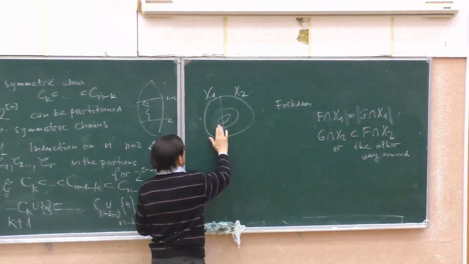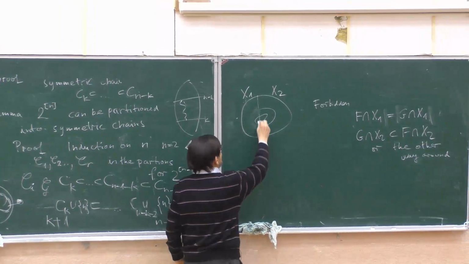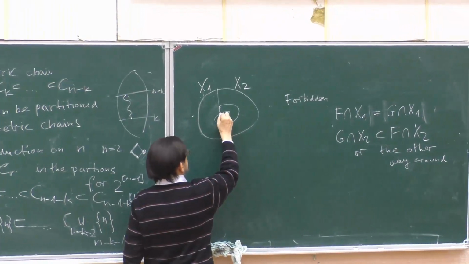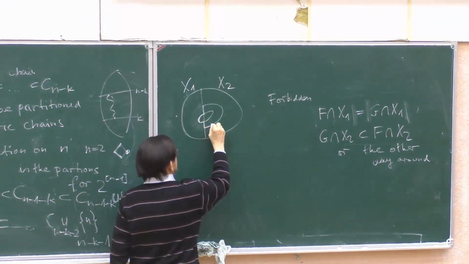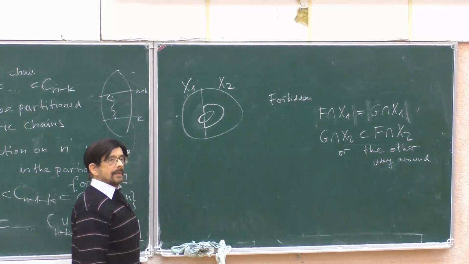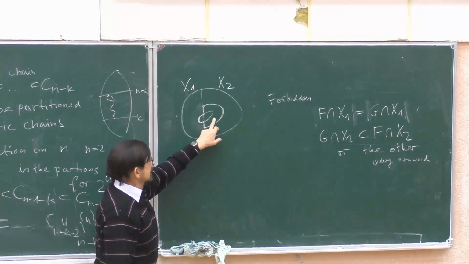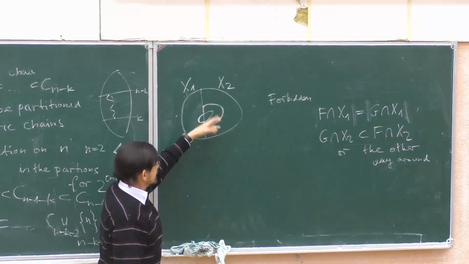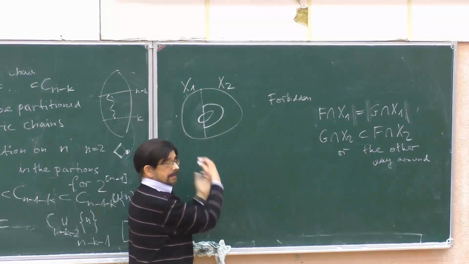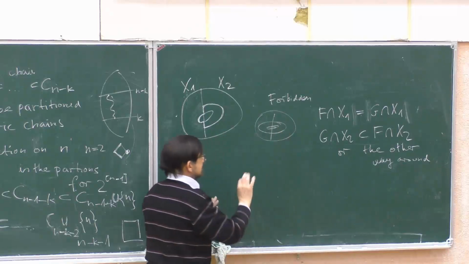So if one set is this one and the other set is this one. So these two sets are equal in X1, but one of them is a subset of the other one in this part. And this is forbidden. And if you take the symmetric picture, also forbidden. But you allow this one. This is possible.